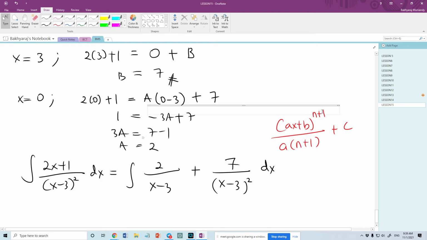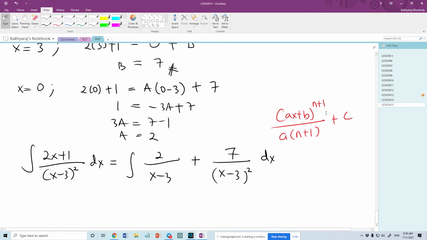Okay, so finally you get, if you have no idea, if you are not good in the formula for this especially, so you do it one by one. Don't straight away jump into the answer. Try to go for the answer one by one. So 2 over x minus 3, we know this answer already. Only this part you do, 7 times x minus 3 to the power of negative 2 dx.